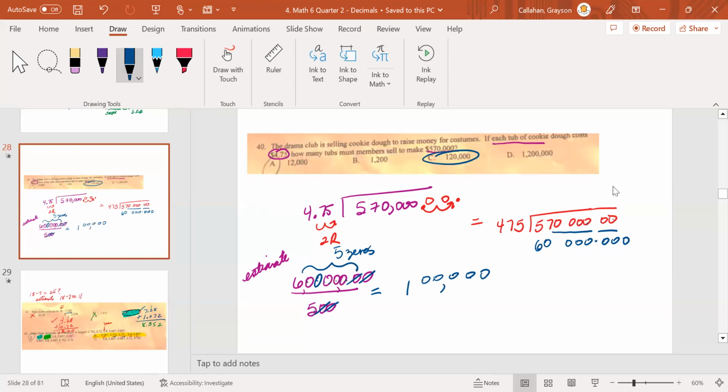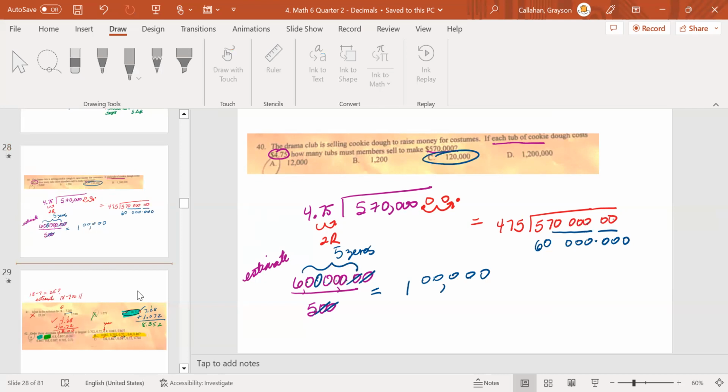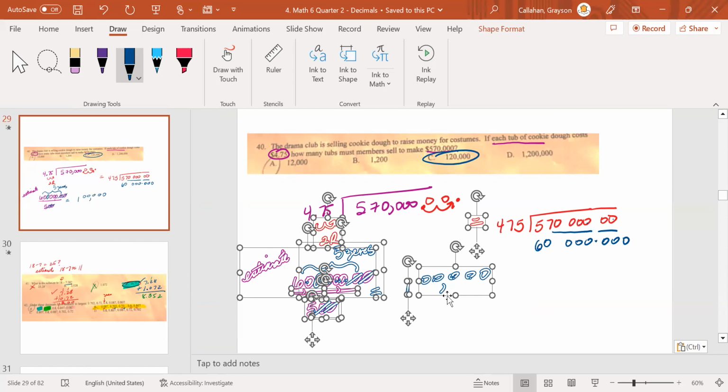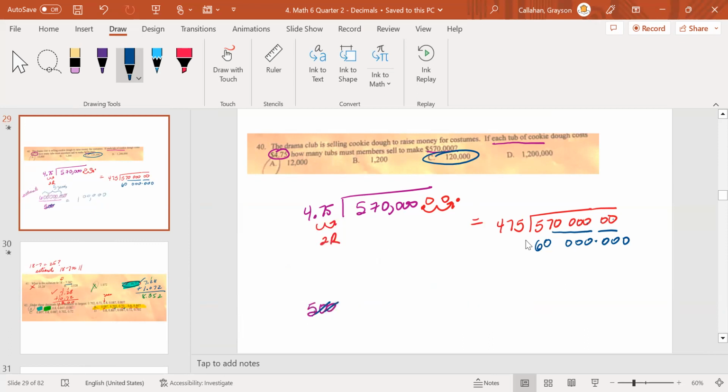Now, on the other hand, if you actually really want to do this based on division, we could do that as well. We would just have to divide it. But this is such a big number that it's probably better if you just use estimation.